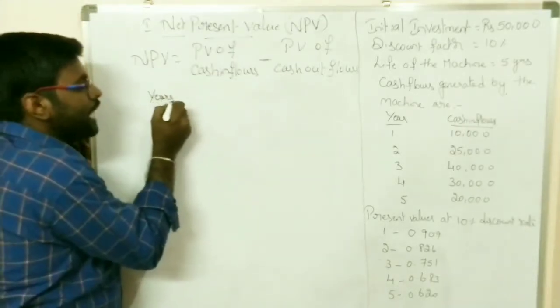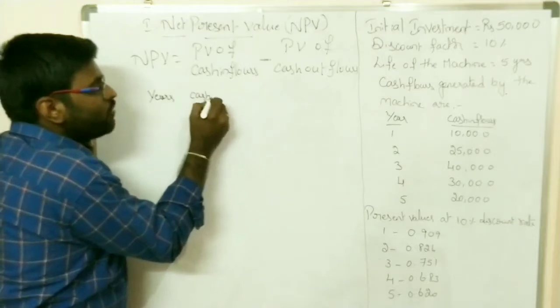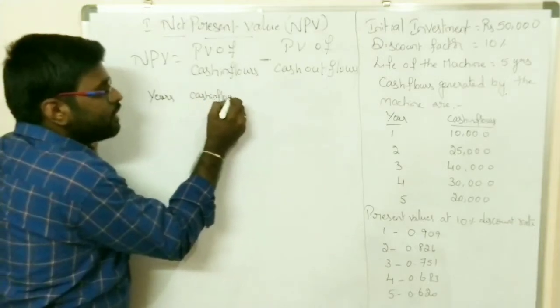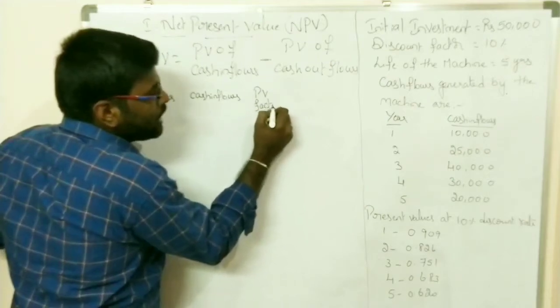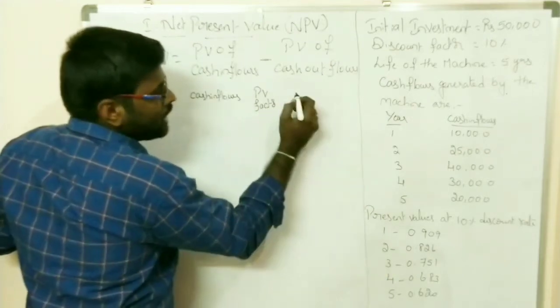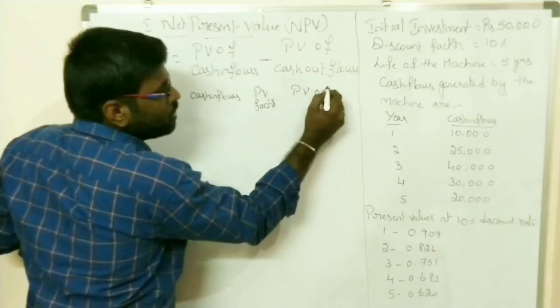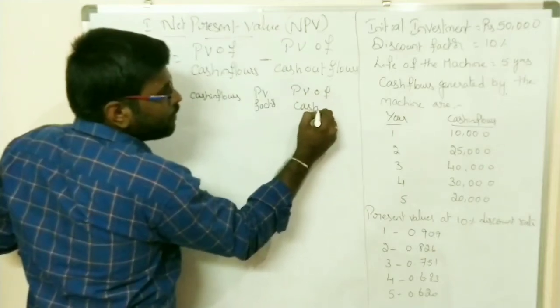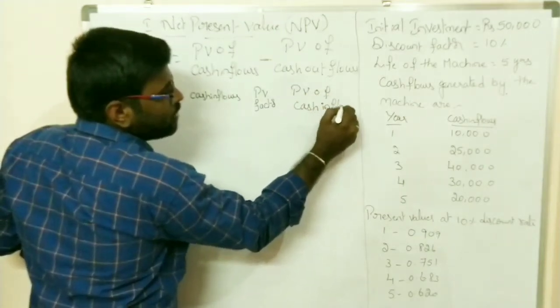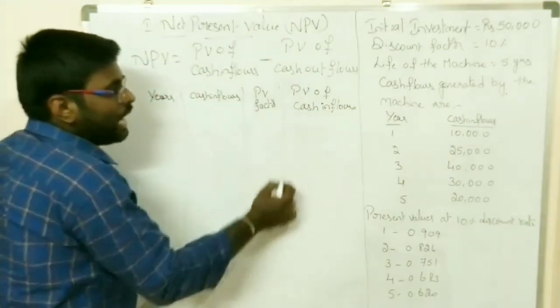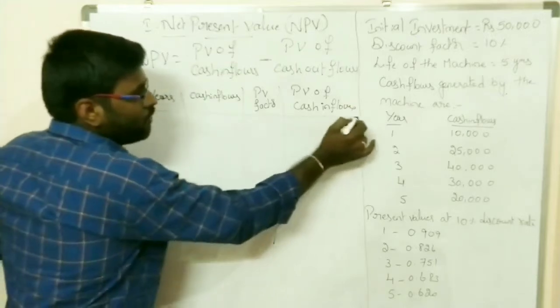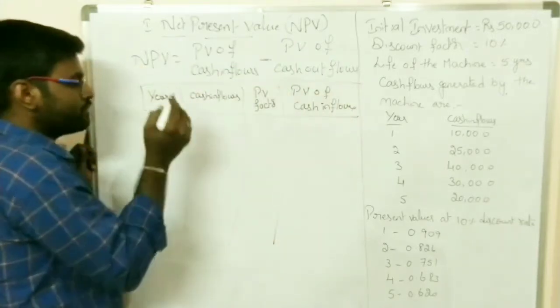So write down the years as usual and the cash inflows given, and write down the PV factors. PV factor is nothing but the values which we have taken from the present value table. And then the present value of cash inflows. These four things you require for the calculation of the present value of cash inflows.